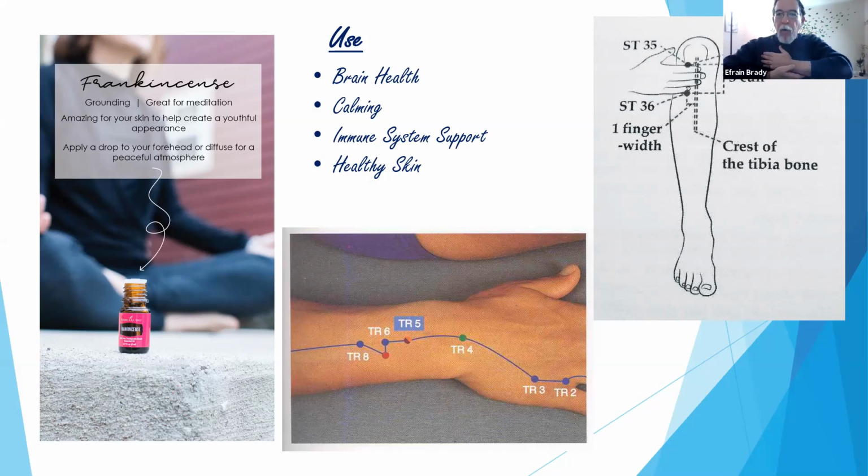We are going to massage between the 2 bones, keeping where the acupoint is. And just a reminder that we do that for 2 minutes on each side. Exactly. This one is amazing to stimulate and support the immune system.